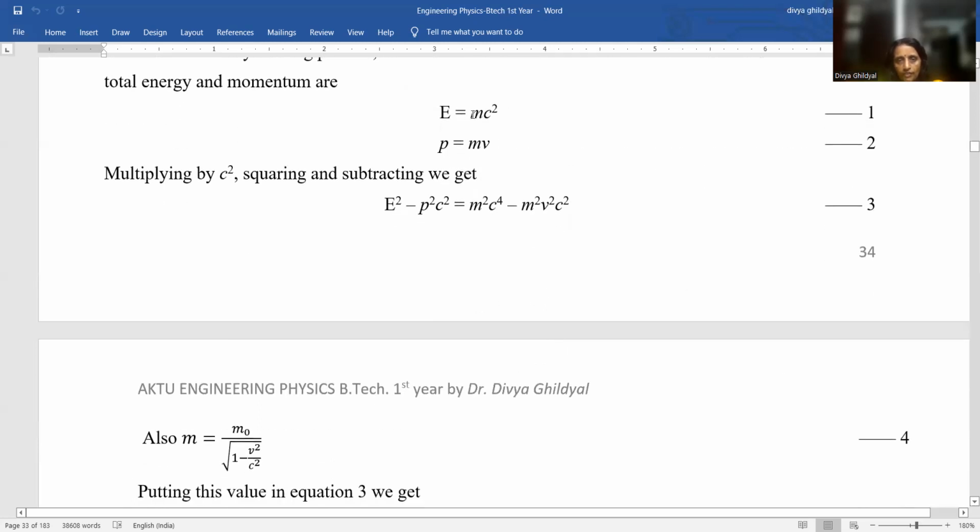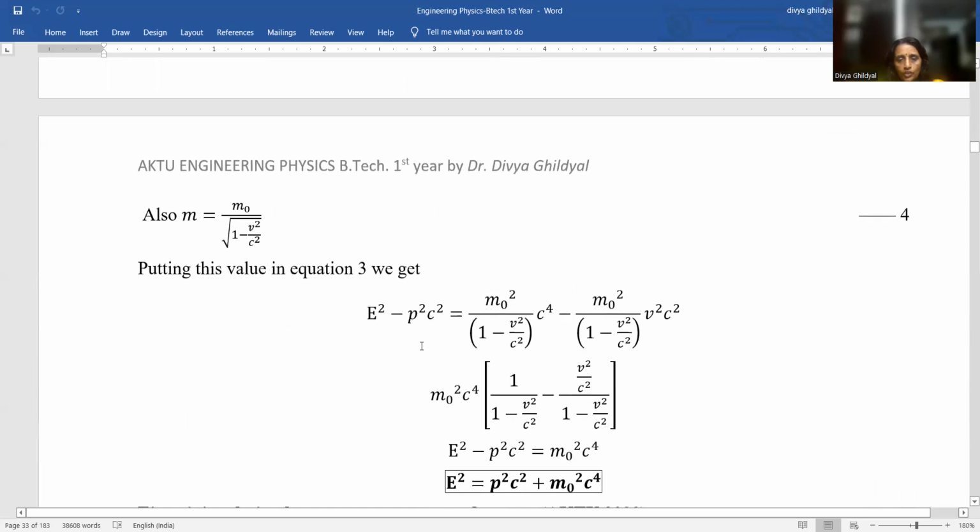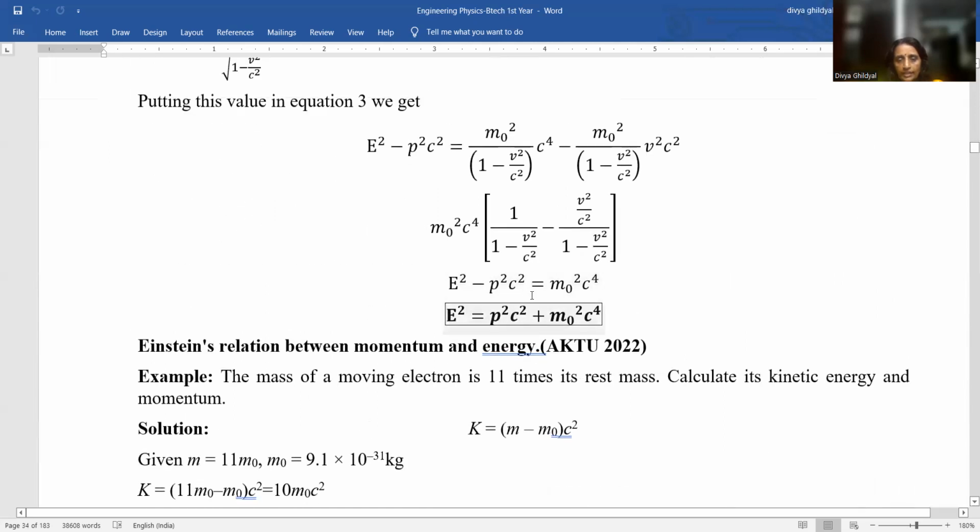You can also derive one more expression showing the relationship between energy and momentum. Let us quickly do a numerical. The mass of a moving electron is 11 times its rest mass. Calculate its kinetic energy and momentum. From the work energy concept, we know that K is equal to M minus M naught into C square.